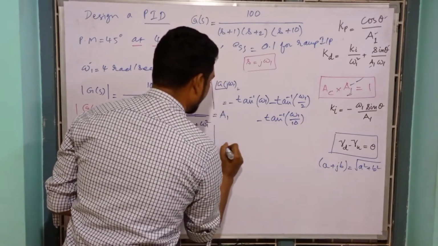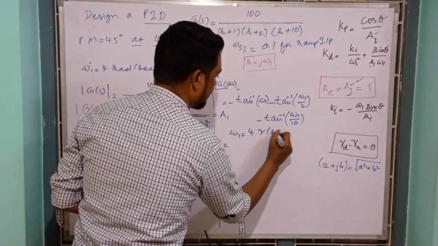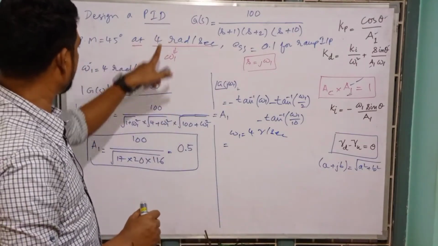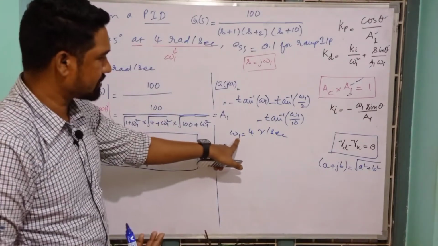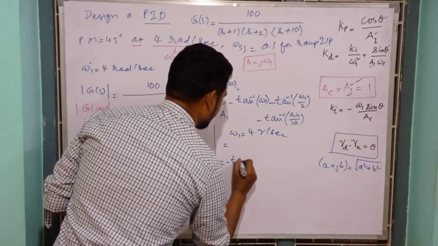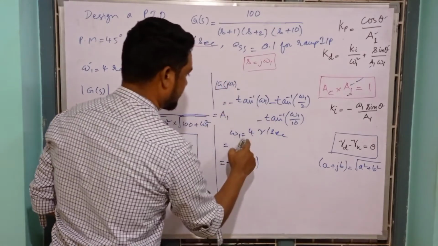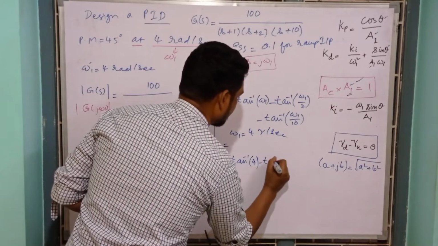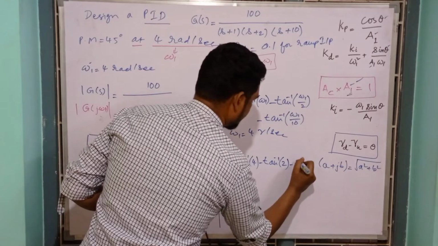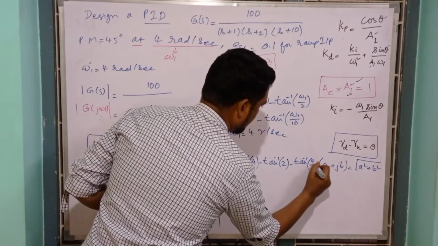So guys, plugging in the values of omega 1 equal to 4 radians per second. This is the desired specification. We have to design a PID controller at this frequency, so that will be considered as omega 1. So in that case what we have is minus tan inverse 4, omega 1 is plugged in with 4, minus tan inverse 4 by 2, minus tan inverse 4 by 10.